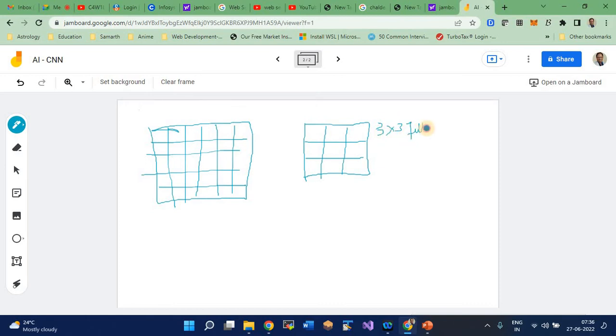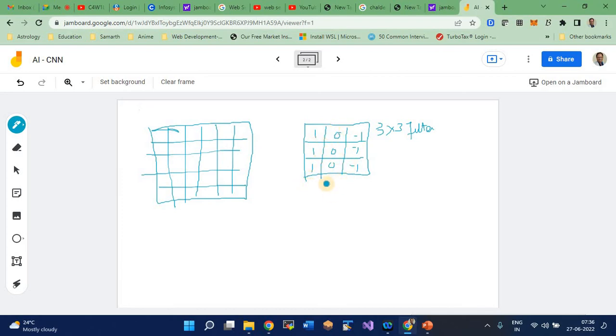Filter, okay, which might have 1 1 1, 0 0 0, minus 1 minus 1 minus 1, where 1 means some kind of information is there.